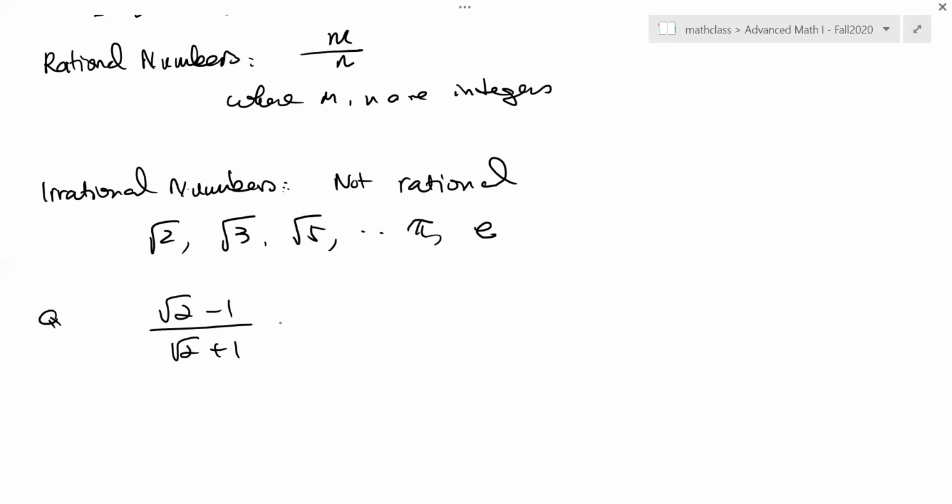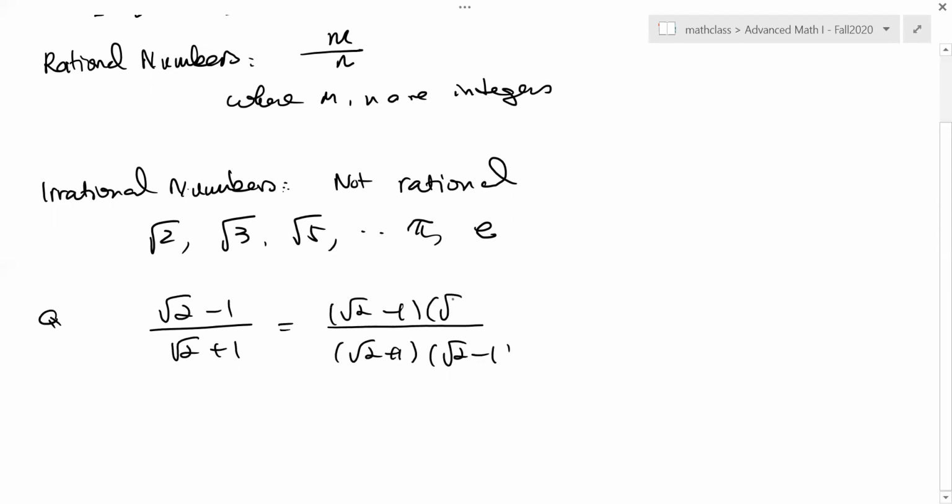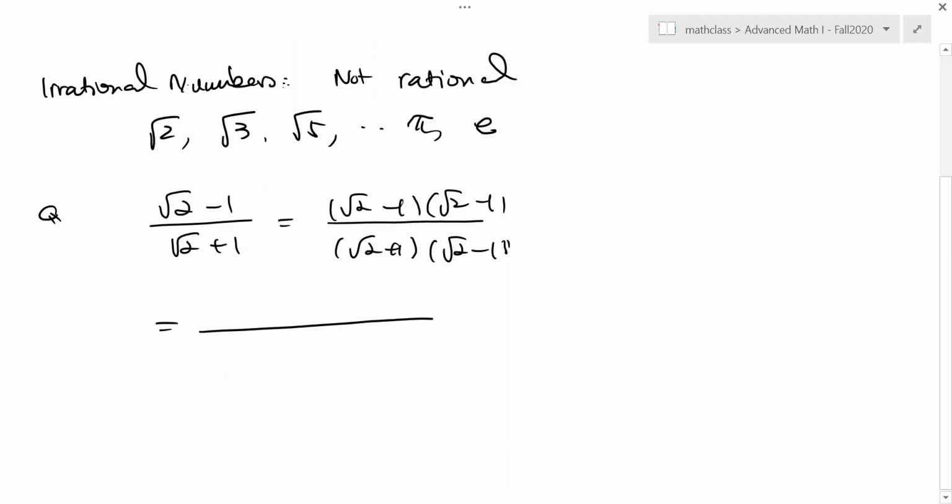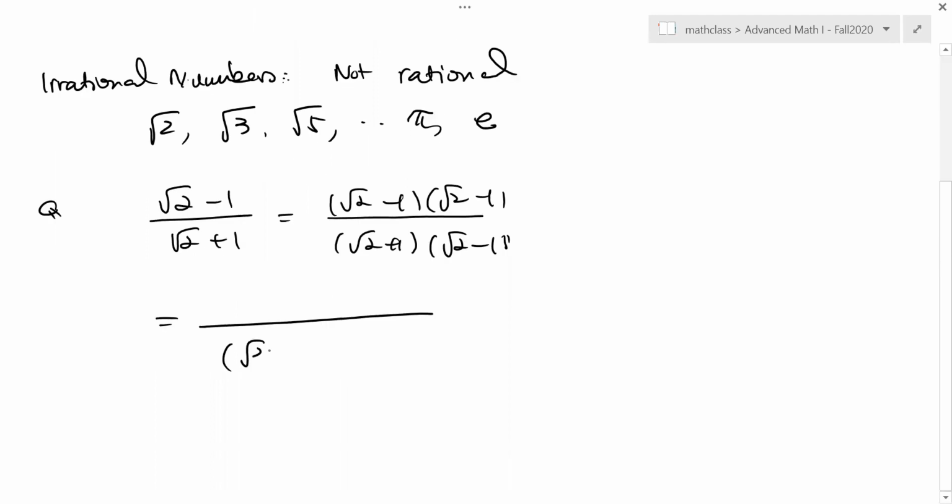For example, multiply the numerator and denominator by square root 2 minus 1. Then the denominator, when you multiply this out, will be square root 2 squared minus 1 squared. The numerator is just square root 2 minus 1 squared.